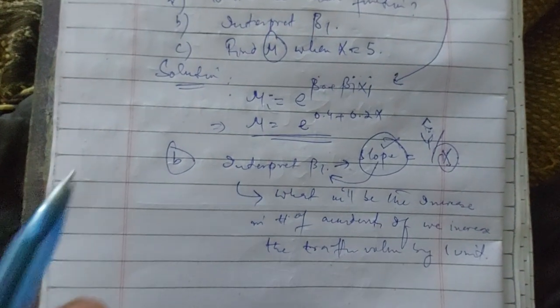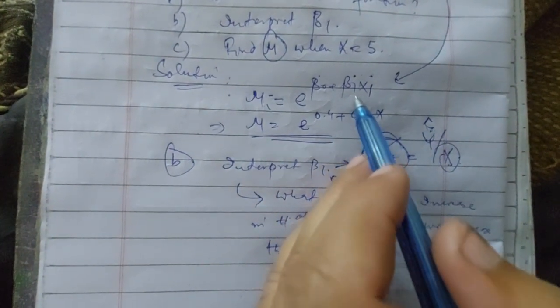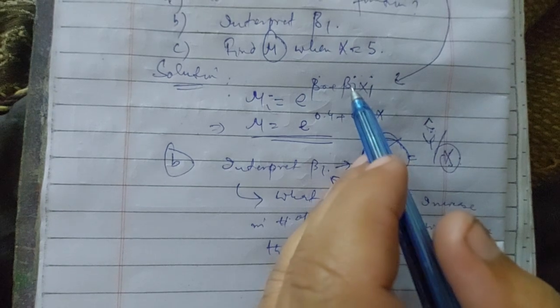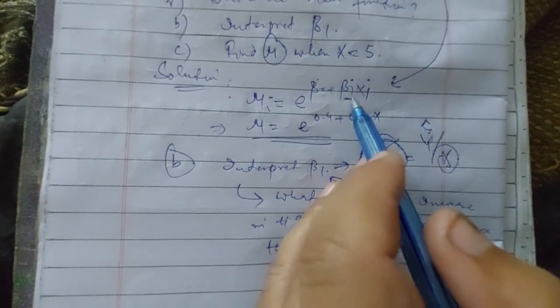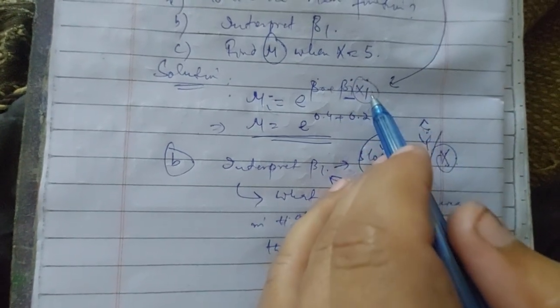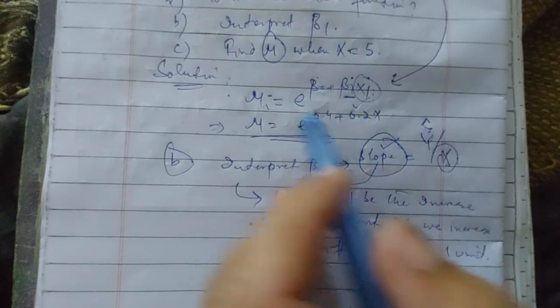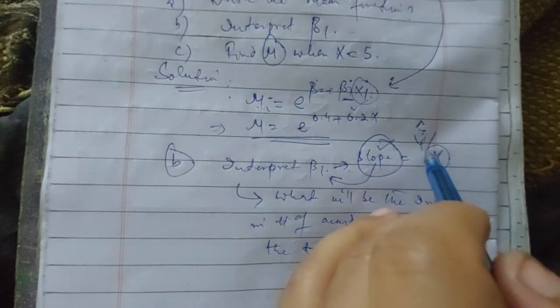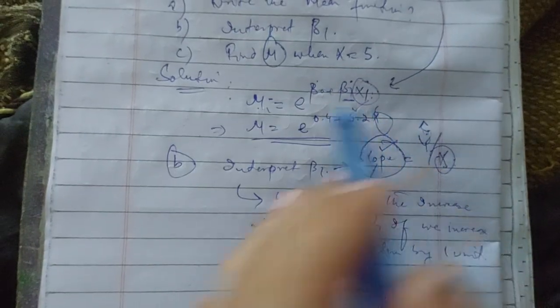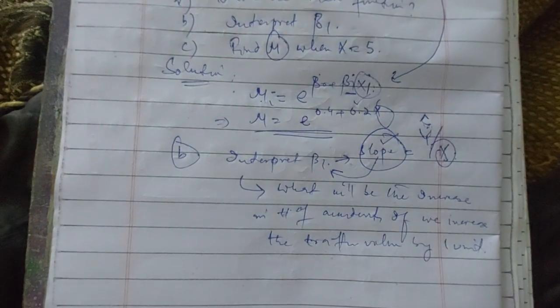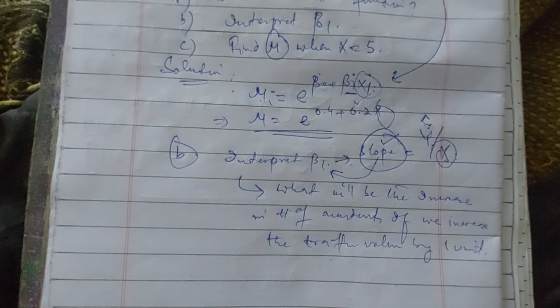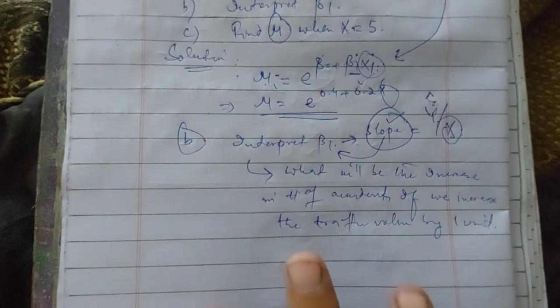And by equation, we can relate it, because beta 1 is the coefficient of x1 or x. So this explains the relationship of y, which is the number of accidents, with capital X, which is the traffic volume.